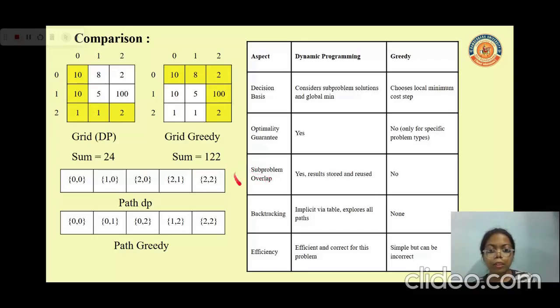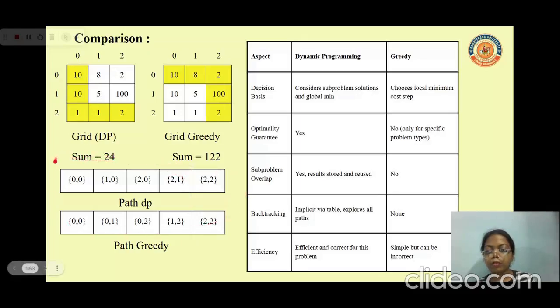Here we are not dividing it into any smaller pieces like subproblems, and there is no backtracking for it, and there is also an efficiency problem in it.